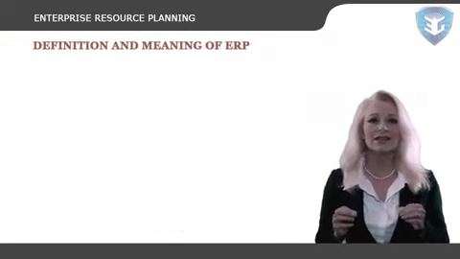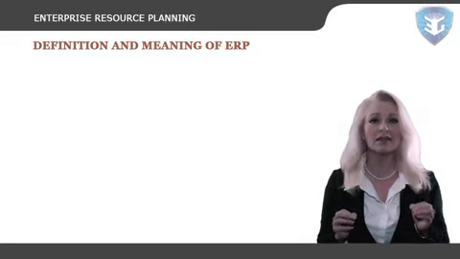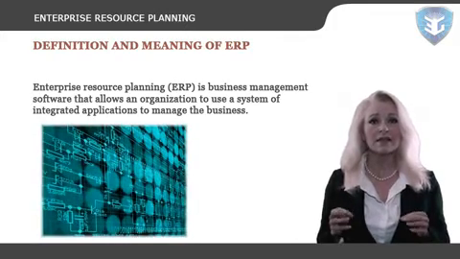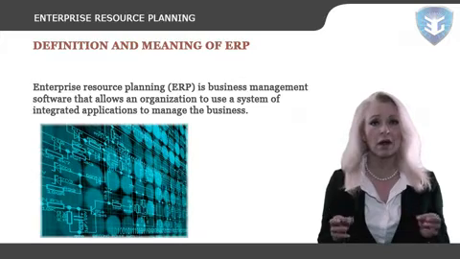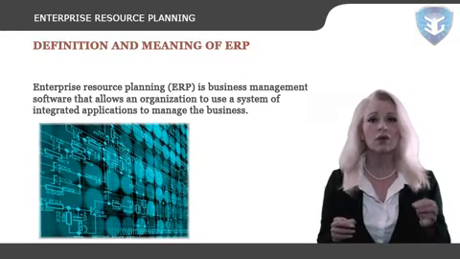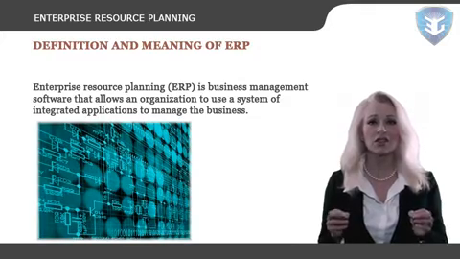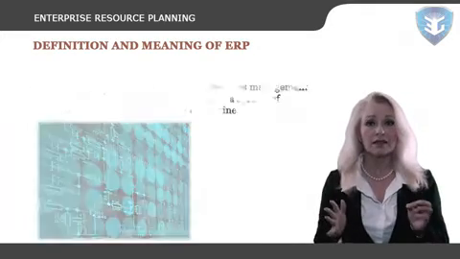Let us now discuss the definition and meaning of ERP. Enterprise Resource Planning, ERP, is business management software that allows an organization to use a system of integrated applications to manage the business.